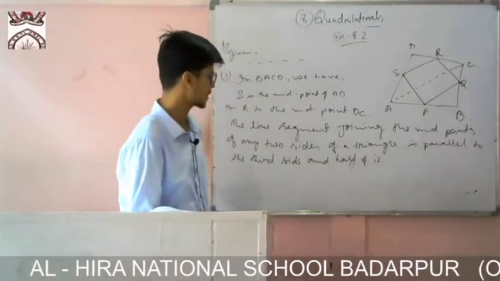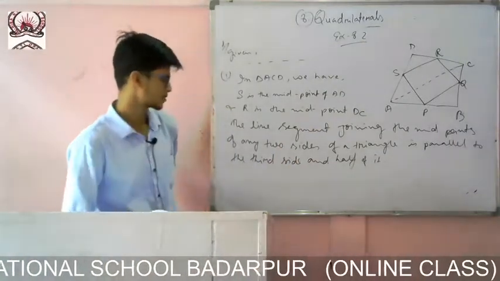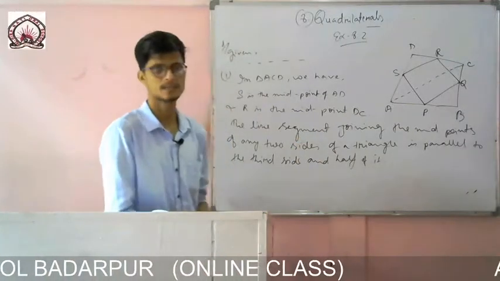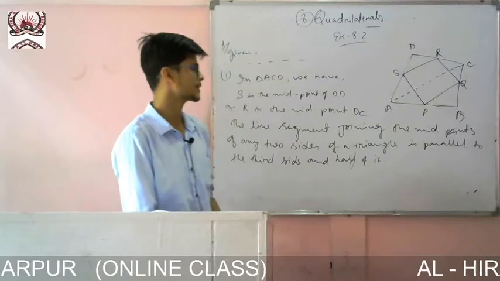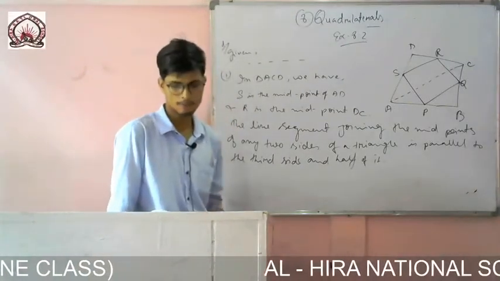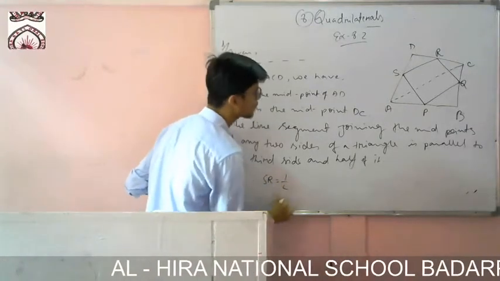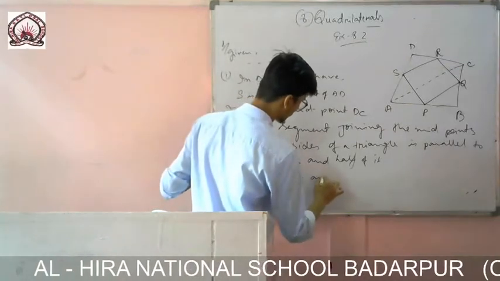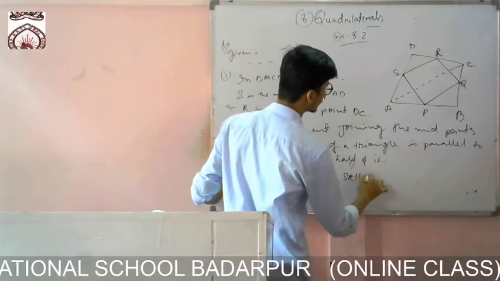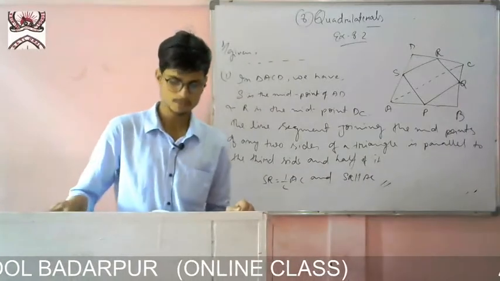When I do the other sums, I will just say this one. You write this same line in others also. One question will be there in the exam, so you just try to write it. Don't directly write the things. So since the line segment joining the midpoints of any two sides of a triangle is parallel to the third side and half of it, I can write SR is equal to half of AC and SR is parallel to AC.